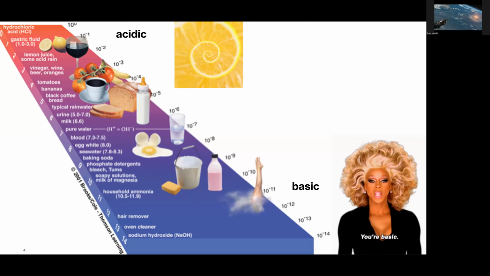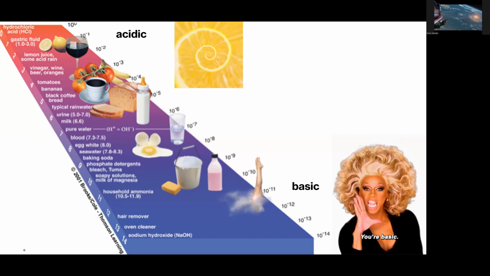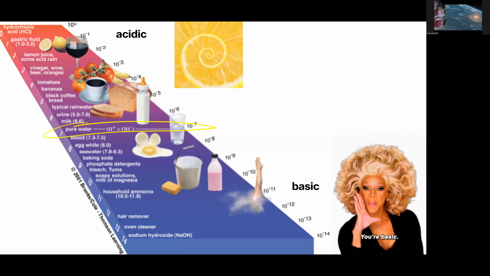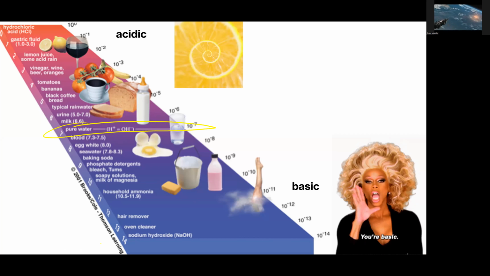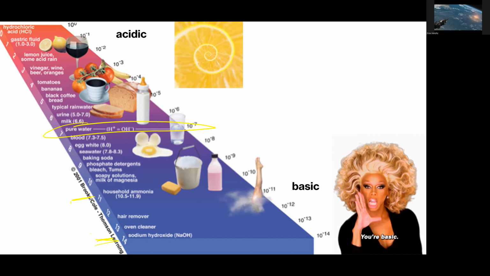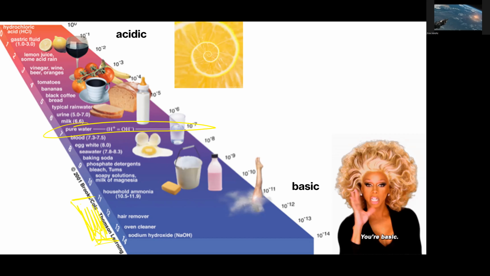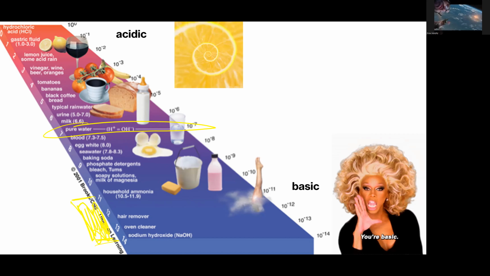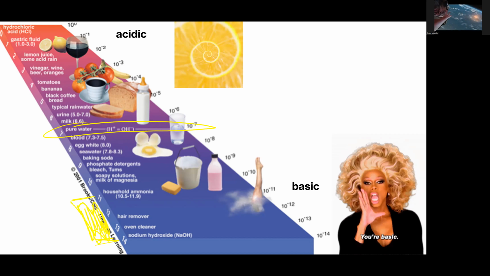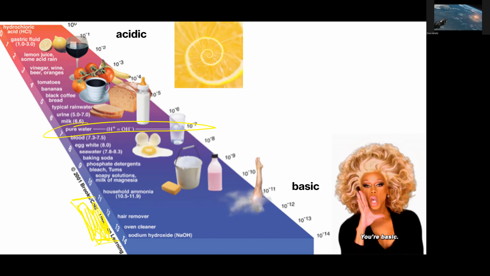Lemons, acid rain, wine, a lot of fruit, coffee, all this stuff is acidic. Pure water is our neutral, pH 7. As you keep going, things get more and more basic. A lot of cleaning products, hair removers, and pure sodium hydroxide are very basic. Mostly, I just want us to grasp the relationship between pH and concentration, and whether something is acidic, basic, or neutral.